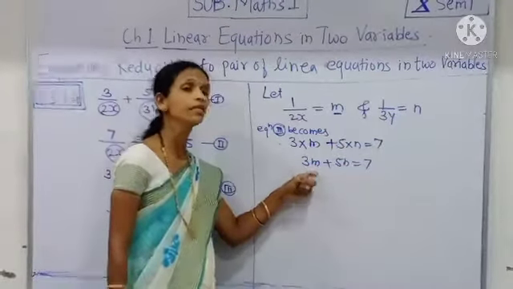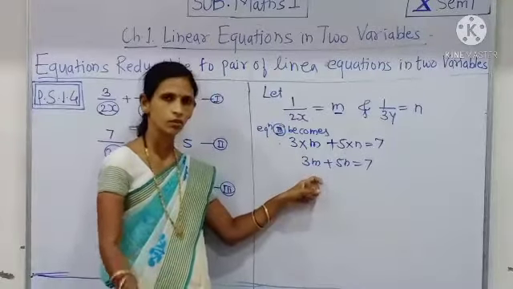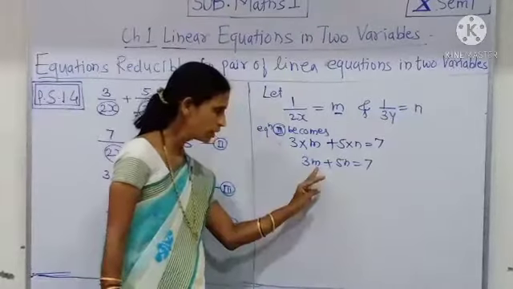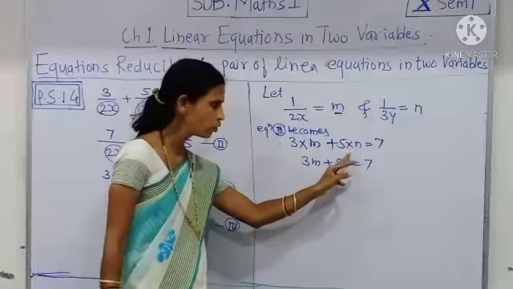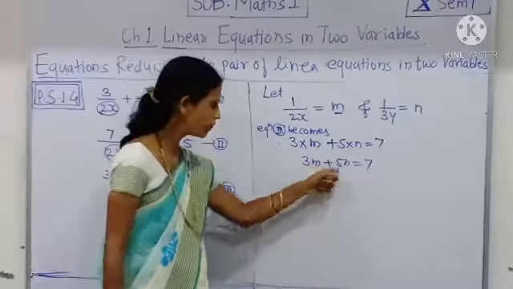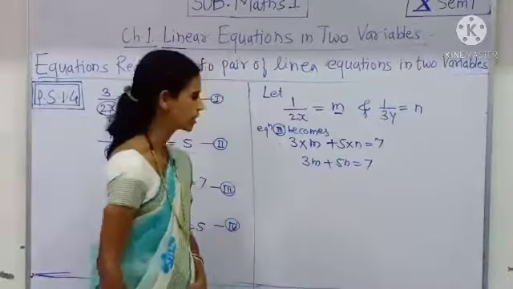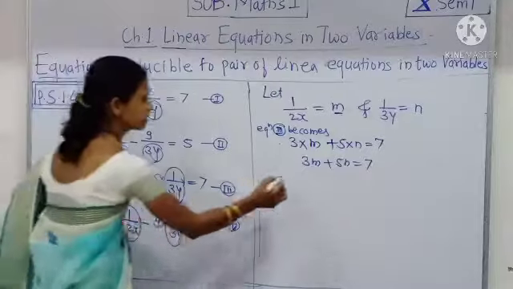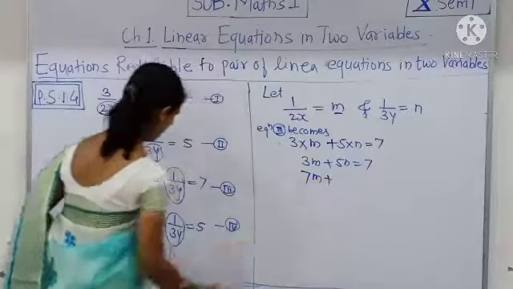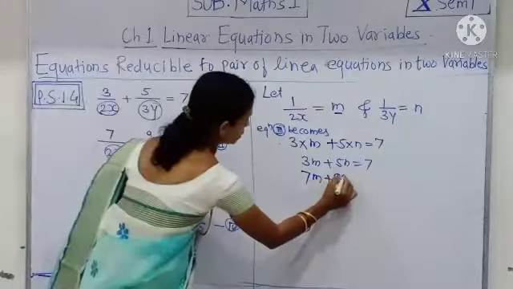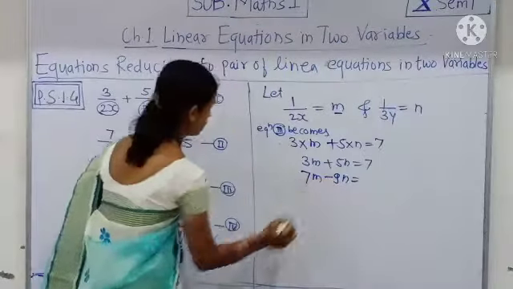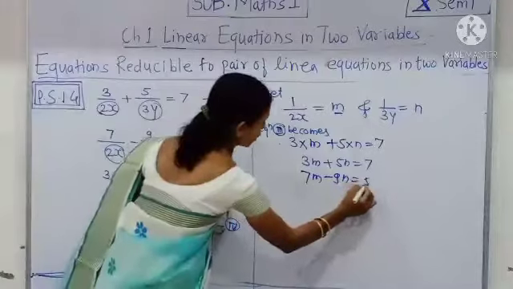Now it is a linear equation in 2 variables, isn't it? Because here the degree of m is 1 and the degree of n is 1, and 3, 5 and 7 are real numbers. Similarly, equation 4 becomes 7m minus 9n is equal to 5.